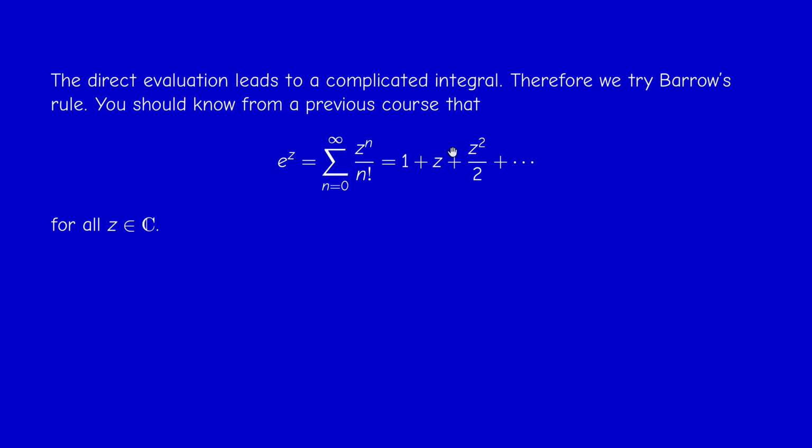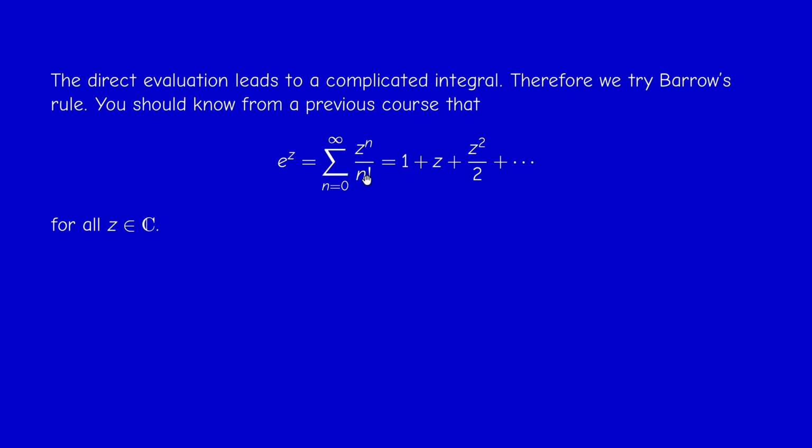Since the radius is infinity, it means that we have absolute convergence, and we have uniform convergence on compact subsets of C. This is important actually, because power series are uniformly convergent when we are on every compact subset of the disk of convergence.